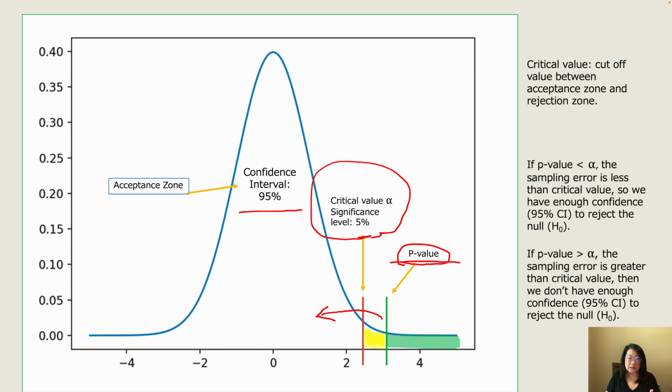If this is a two-tailed test, then it will be different, because a one-tailed test is basically a directional hypothesis. Let me rephrase that again.